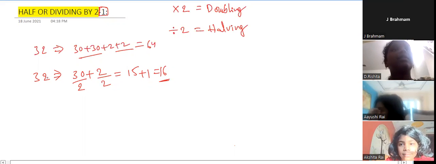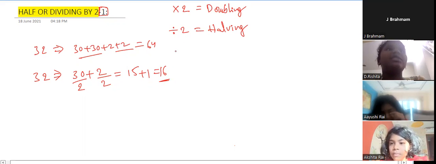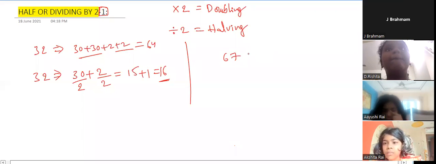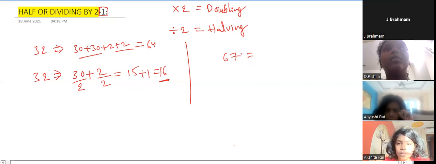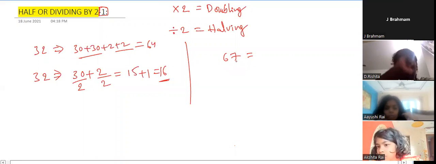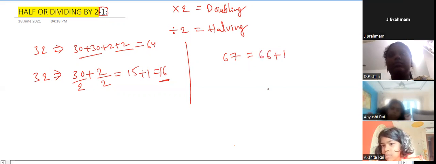Sir, the last digit shall be 5 or 0, right? Yes. Suppose it is a number like 67. Always remember, halving is easy when the number is an even number. We can convert this number into an even number first of all: 66 and then 1.